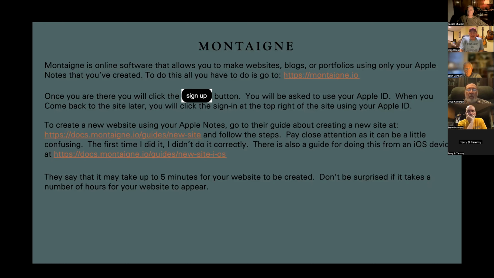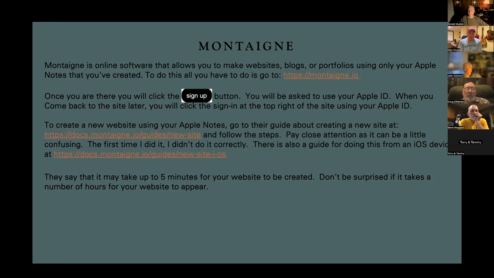All right, so this Montaigne software actually allows you to make websites, blogs, or portfolios using only your Apple Notes. I think this is really cool. I don't remember how I found this, but I've used it and I might use this in the future. I've got the web address there, montaigne.io.